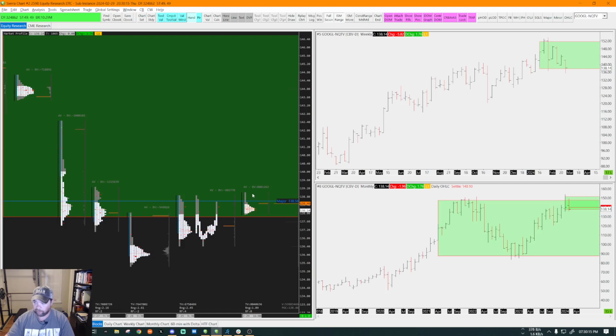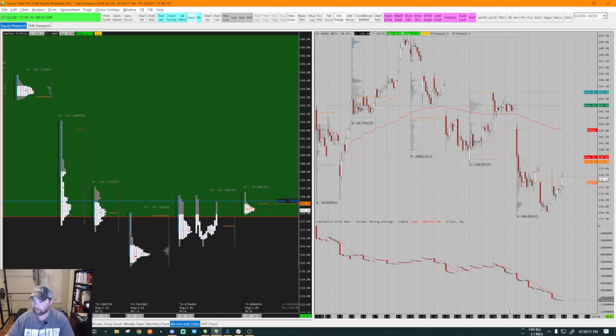If we can get above this, then I think these longs are in trouble here. So I think Google might be a nice play for a long, and I would be looking for pullbacks in this area. Yeah, not a bad chart.